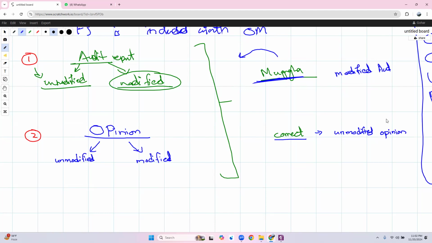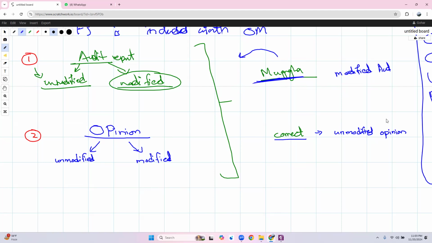Any auditor will simply know that the auditor included one of the three paragraphs in his audit report, but said that the financial statements are correct.